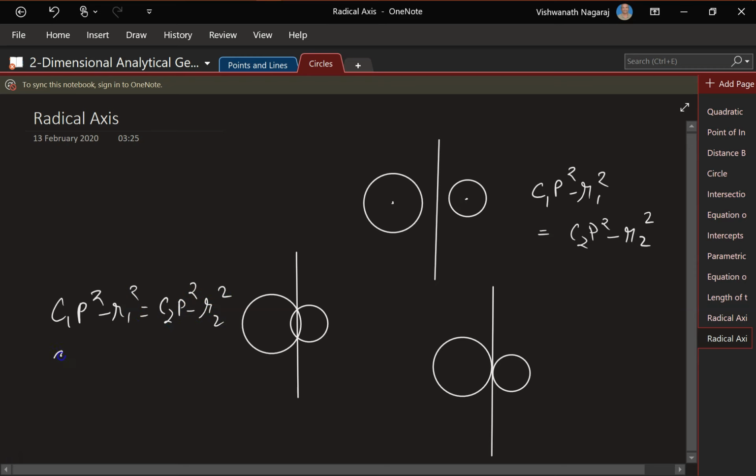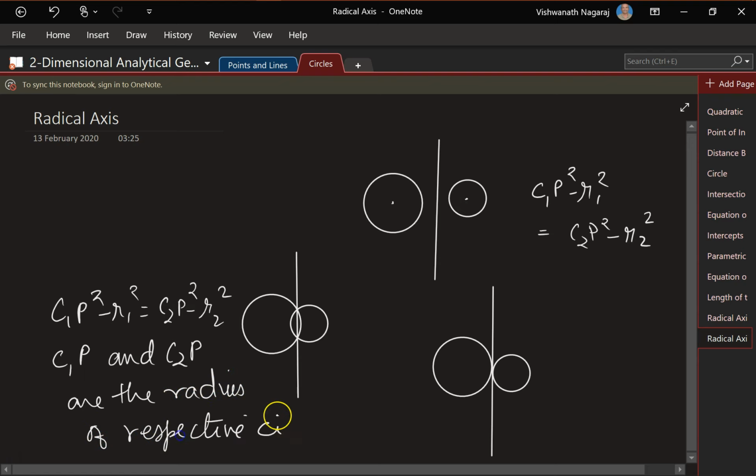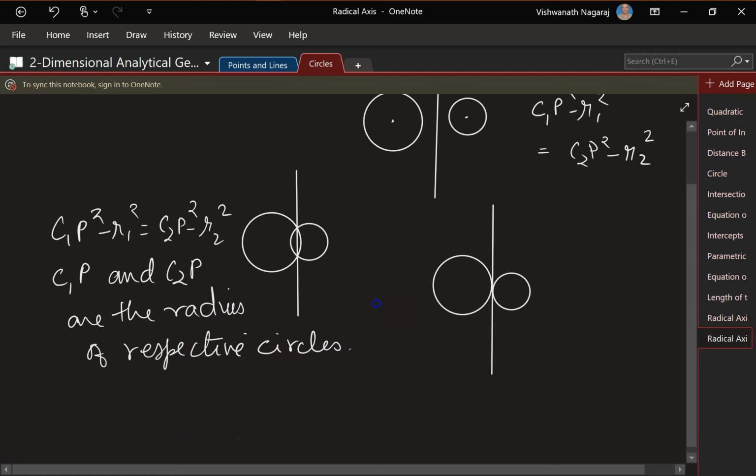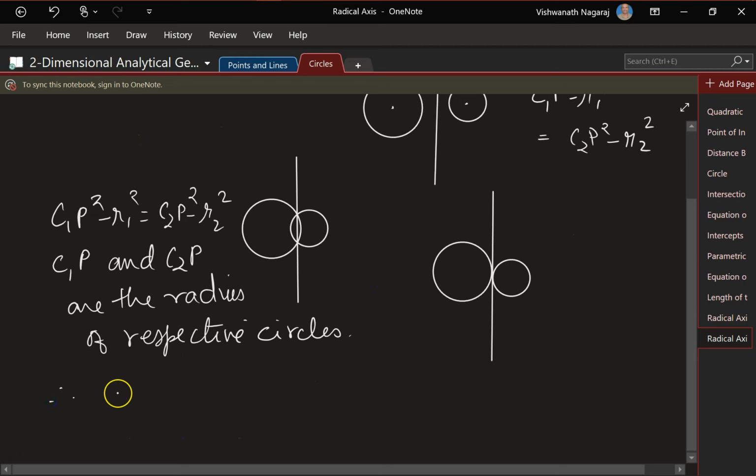But here what happens is C1P and C2P are the radius of respective circles. So therefore C1P square I can replace with R1 square, so R1 square minus R1 square, R2 square minus R2 square, which implies 0 equal to 0.